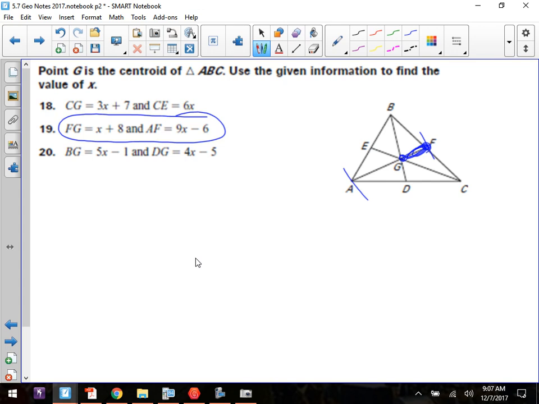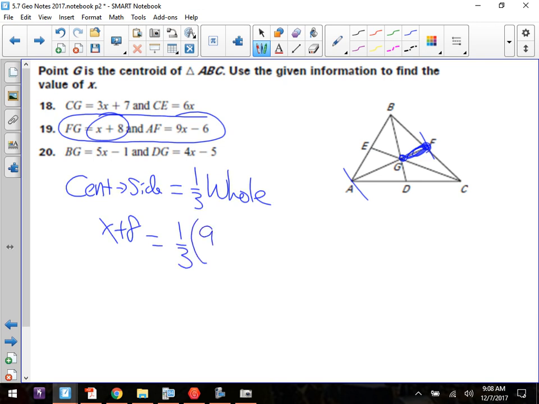If I'm looking at that in terms of words, FG is centroid to side. You guys agree on that? That's why I write it out. Well, here's centroid to side is 1/3 the whole. Well, that's x plus 8 is 1/3 of 9x minus 6.